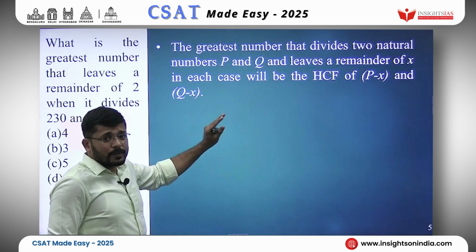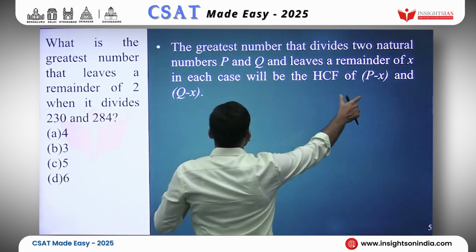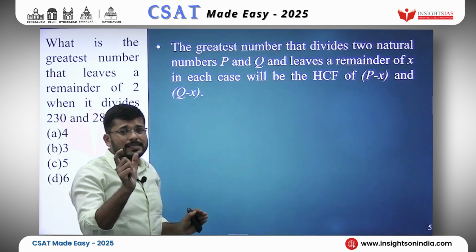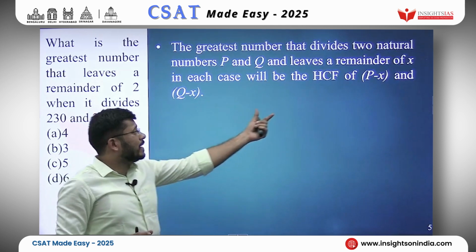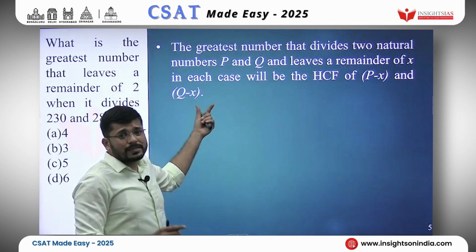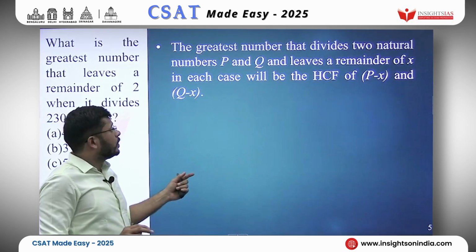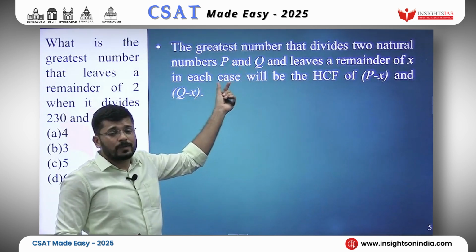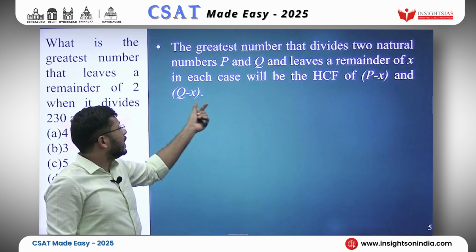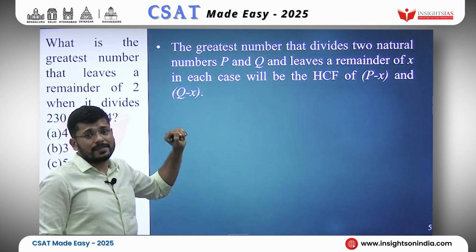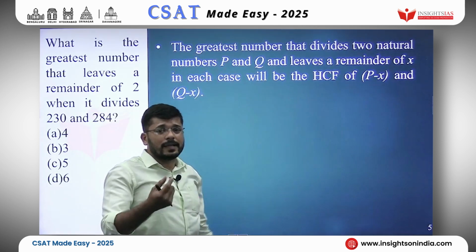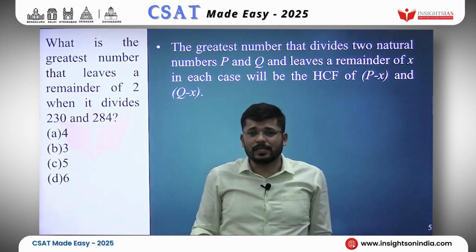If the HCF of P minus x and Q minus x is some number, let's take it as n, then n will be dividing P minus x and Q minus x without any remainder, right? So when you present it with P and Q, it will leave a remainder of x. Okay, take down this rule, then read it once or thrice and it will make sense to you.